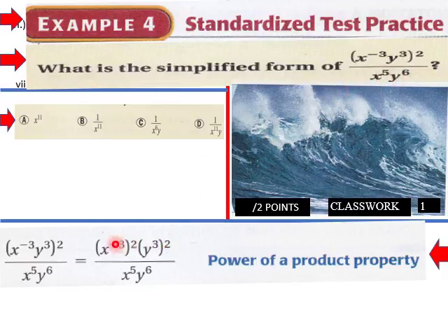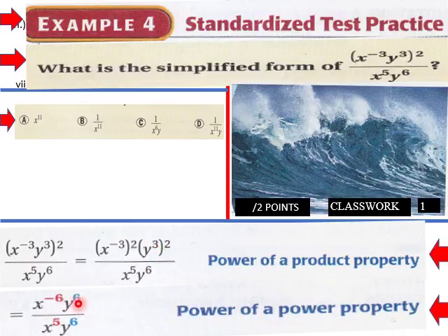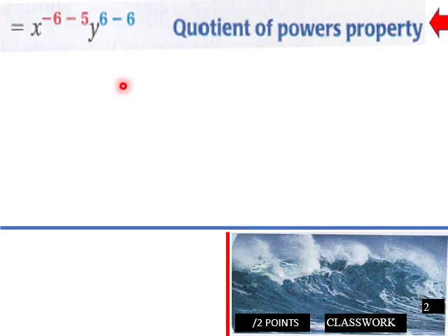So we separate off our two terms inside our parentheses to use power of a power. And then we end up with x to the negative 6, y to the 6 over x to the 5th, y. And then we go ahead and use quotient of powers.